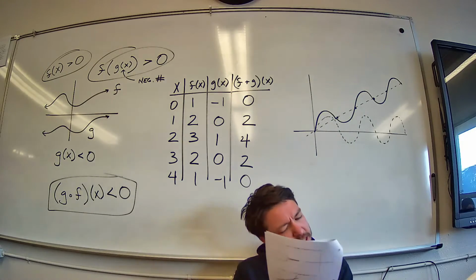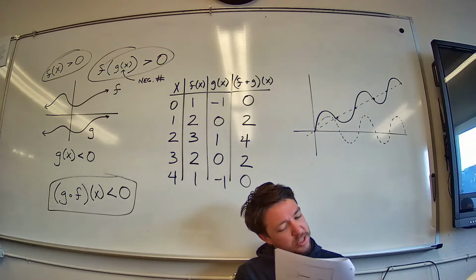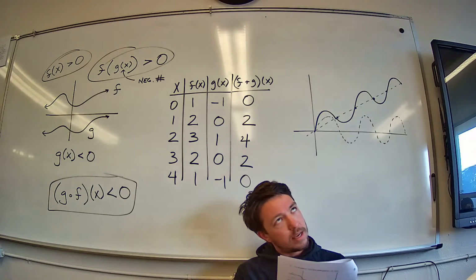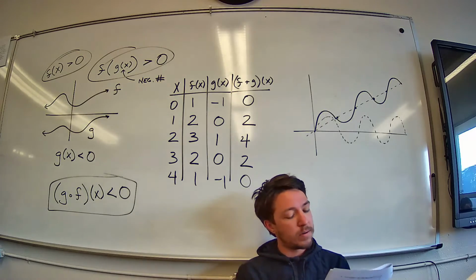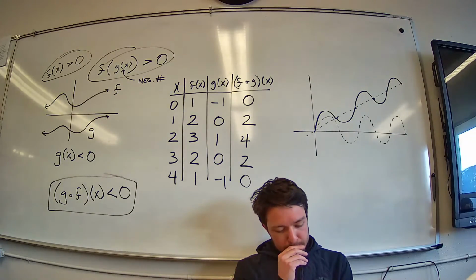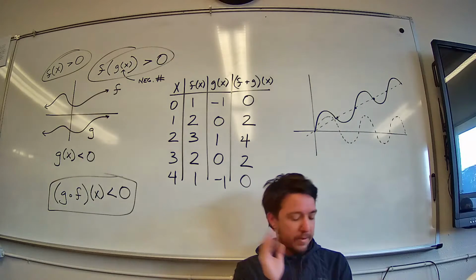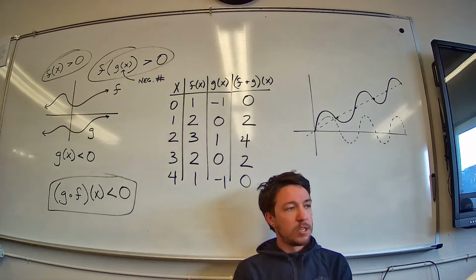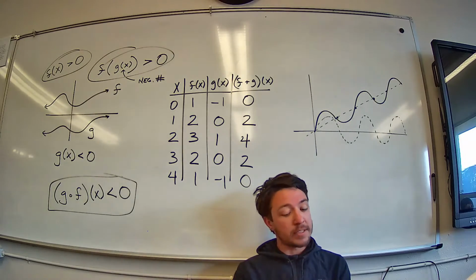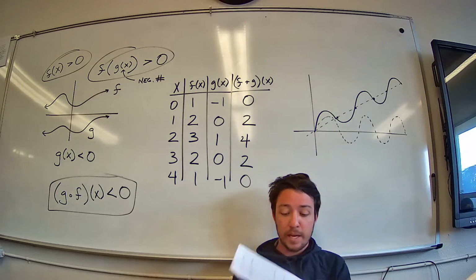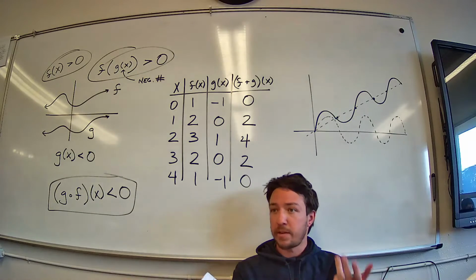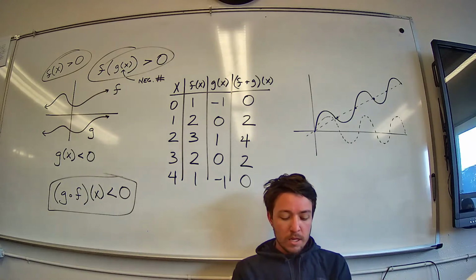I'm wondering, logically, you can't say that g must be greater than 0. Sorry, that's really nitpicking. The g function can't have negative outputs. Otherwise, there'd be a potential for g of x to be negative, and you can't take the square root of that.